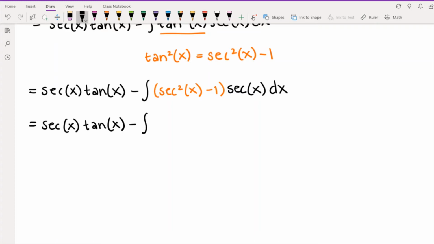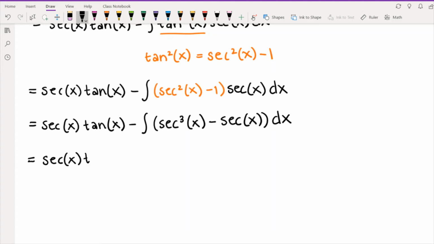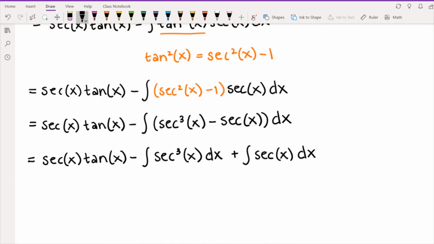So now we have secant cubed of x minus secant of x. So let's split this apart. So we have secant of x times tangent of x minus the integral of secant cubed of x. So that one is our original integral. So that's what we're going to need to be combining onto one side at the end. And then here we would have plus the integral of secant of x, right? Because we had two minus signs.